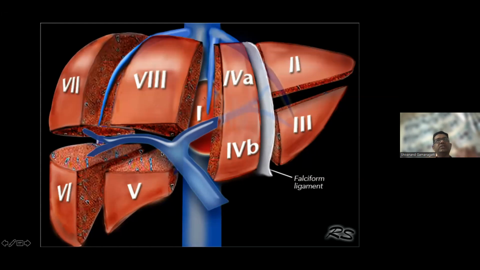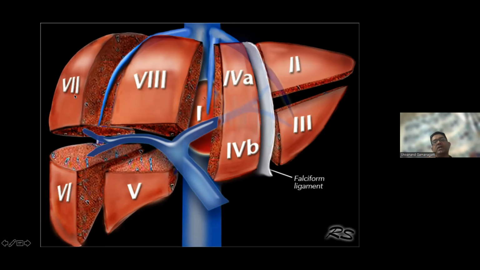So portal bifurcation is one line, that is the horizontal. Now we have to draw three vertical lines. One starting at the fissure for the ligamentum, the falciform ligament, that everyone will appreciate. So that is one vertical line. Another vertical line is drawn at the middle hepatic vein, and the third one at the right hepatic vein.